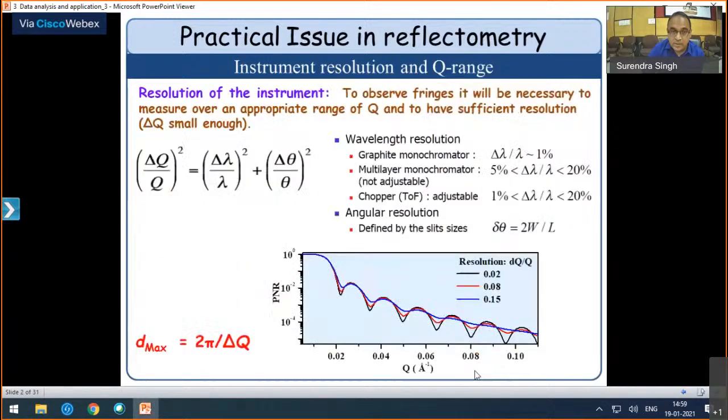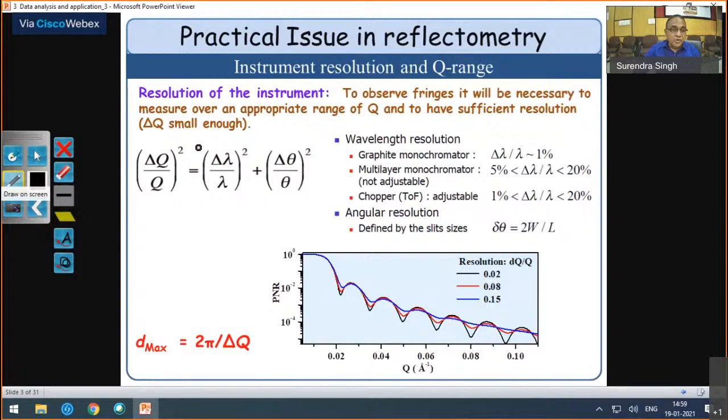Another very important thing is called instrument resolution, defined as delta Q by Q whole square equal to delta lambda by lambda square plus delta theta by theta square. As I said, the source of the wavelength spread in case of a reactor source or monochromatic beam is the monochromator, because if our monochromator is not perfect, then we'll have this delta lambda.